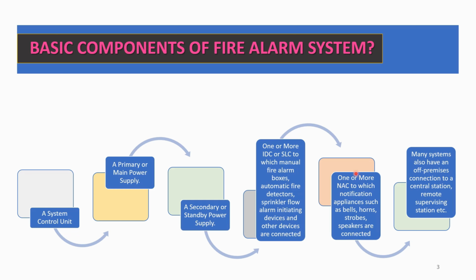And you have one more component called NAC, notification appliance circuits. These are connected to the horn strobes or horns, strobes or bells or speakers. And also this fire alarm control unit can be connected to the remote supervising stations. So basically these are all the components which can be used in each fire alarm system.